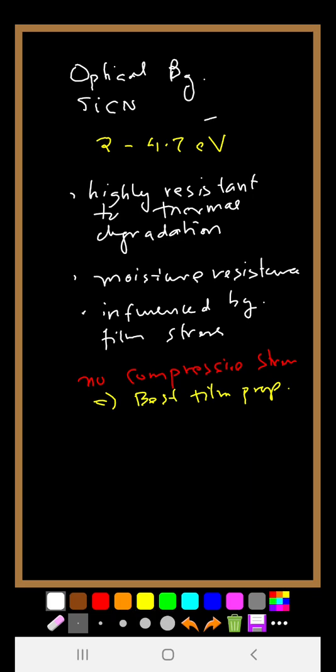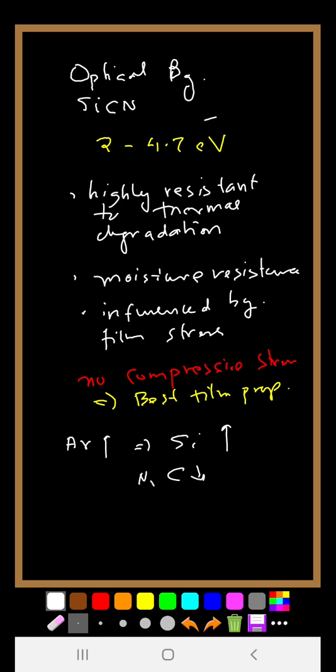So the feature is that if the argon concentration is increased in the gas mixture, it leads to silicon content increasing, whereas the nitrogen and carbon concentration decrease.